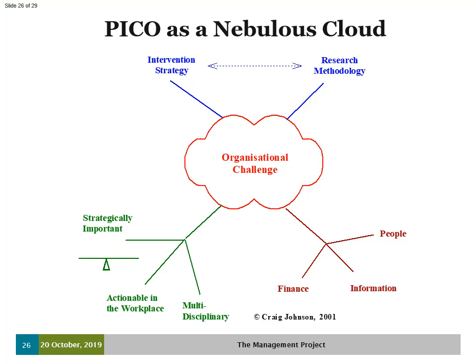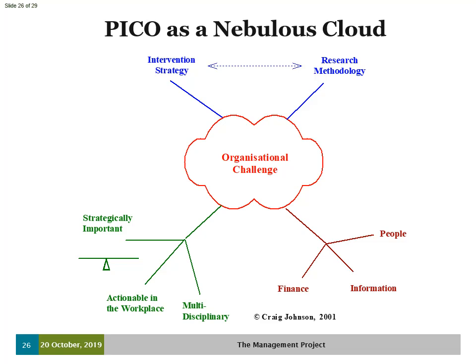On the right-hand side, we see the elements that make most projects multidisciplinary. If they involve people, if it involves finance, and it involves information. Information is what we develop through our research methodology, and our intervention strategy is what we're going to do about it.